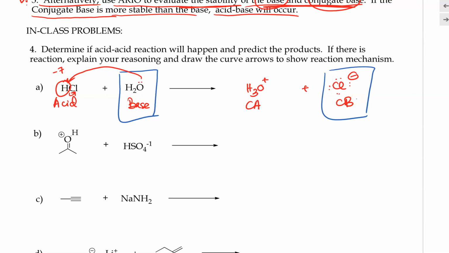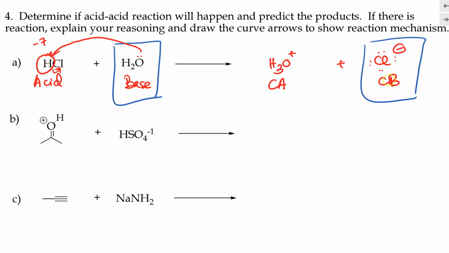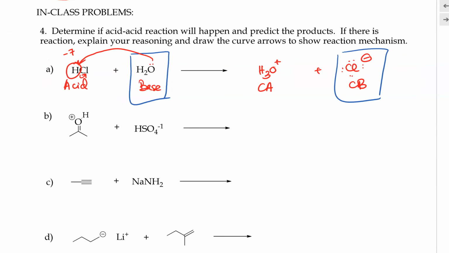And in this case, it is actually not easy for us to determine which one is more stable, because we are comparing different types of elements, and they also have different charges on them as well. So this is where it gets a little bit tricky and difficult to use ARIO to determine the stability between these two substances, since they're not apples to apples, because one of them is neutral and the other is negative, and they have different atoms on them. And in fact, that would be the limitation of ARIO.